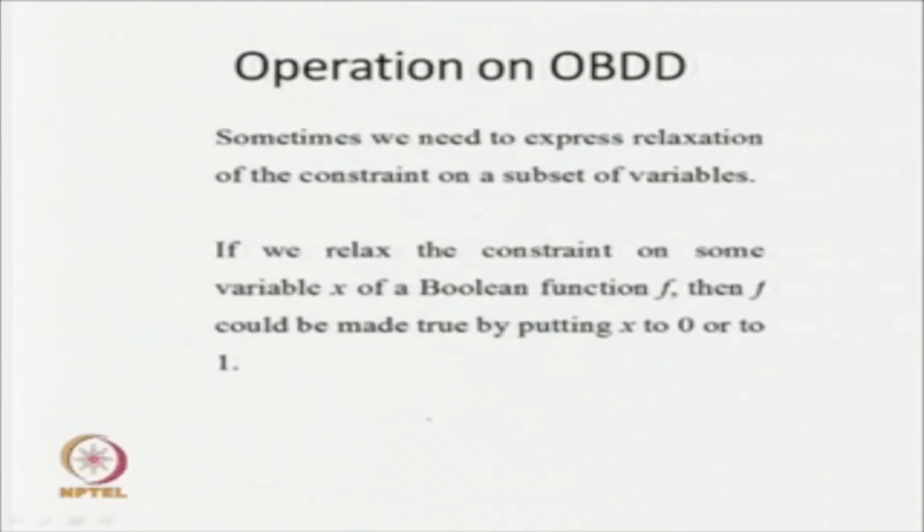So, we are talking about some function, say f of x y z, something like x y plus y bar z. In this particular case, this is a function that depends on these 3 variables.